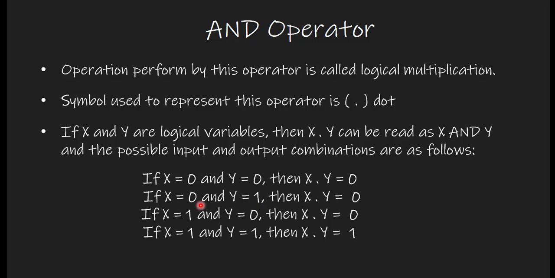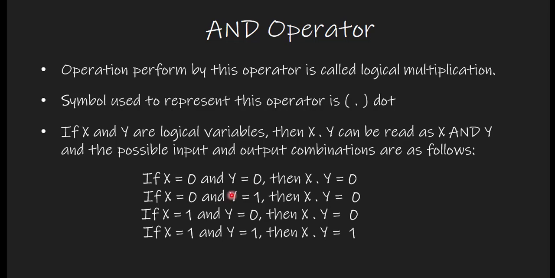The AND operator says that the output will be 1 only if all the input variables are true, or the value of all the input variables is 1. Like in the first condition, x is 0 and y is 0, so both are 0, so the output will be 0.